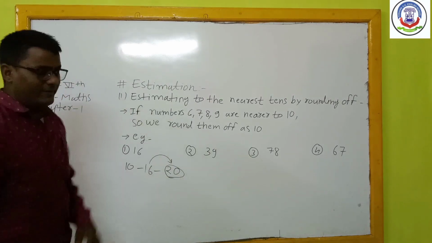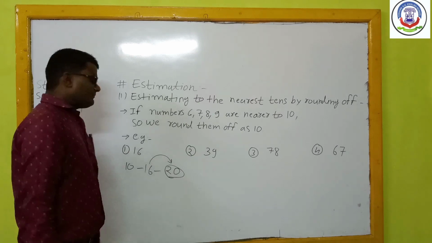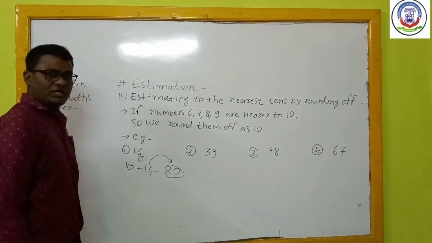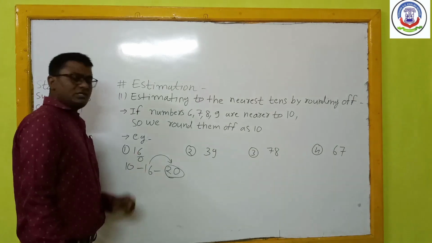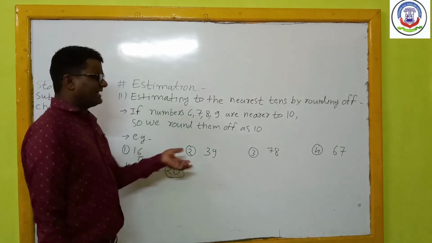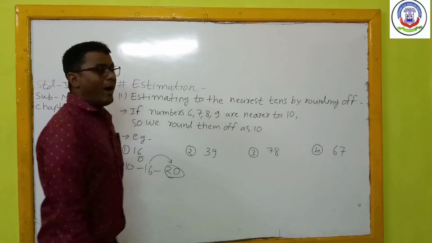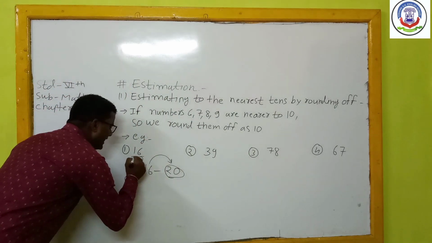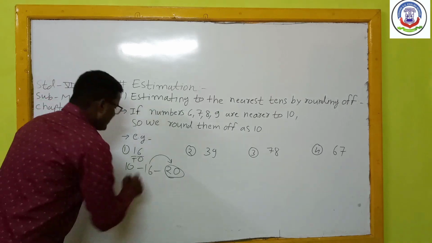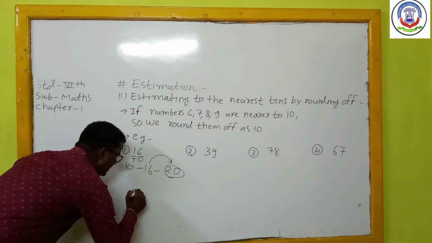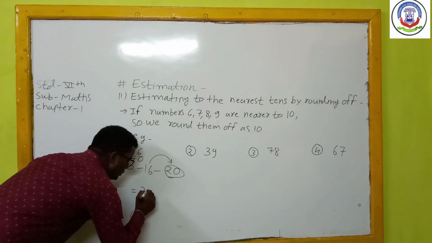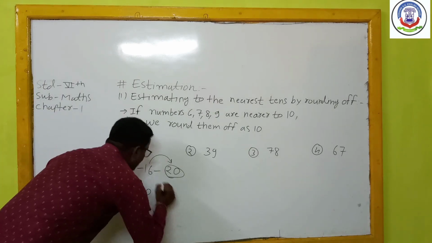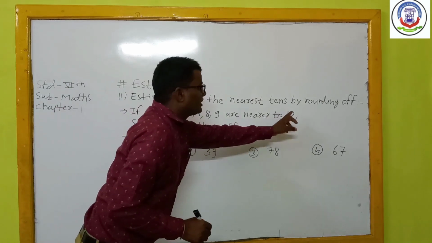Now another way: we will see the ones place digit. Okay students, now it is 6, that is nearer to 10. Then what we will do, we will add 1 to the tens place digit. Here it will become 20. How do we know 6 is nearer to 10?